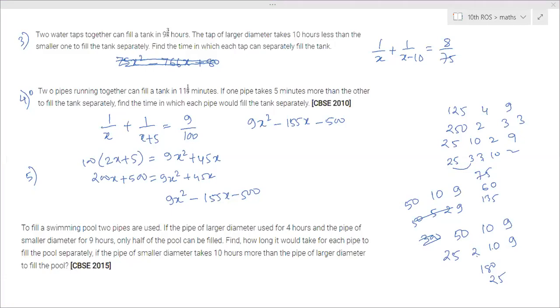Ma'am, x is equal to 20. Yes, right. I also got 20, ma'am.